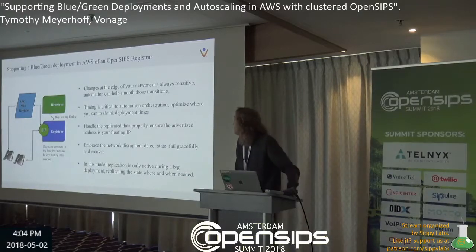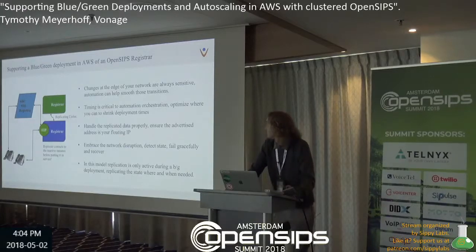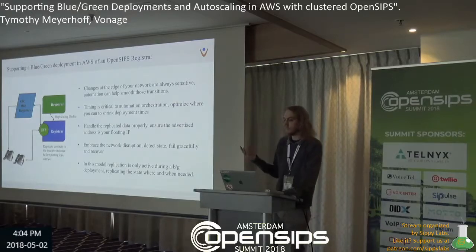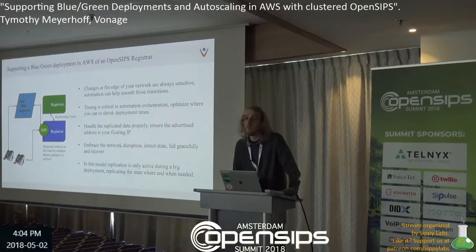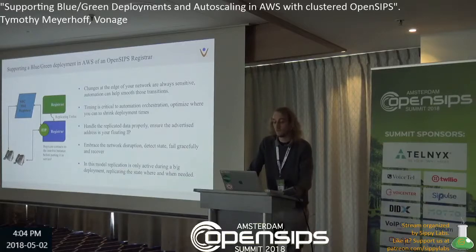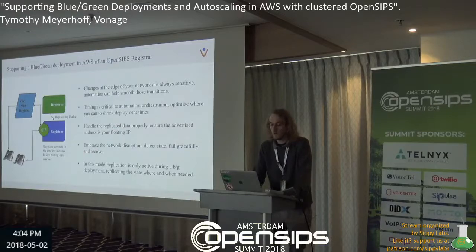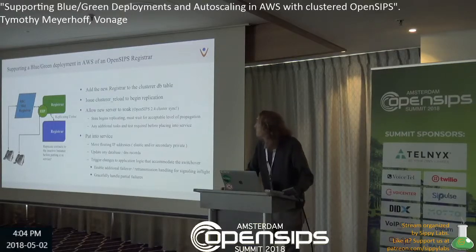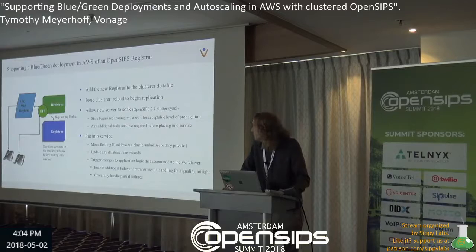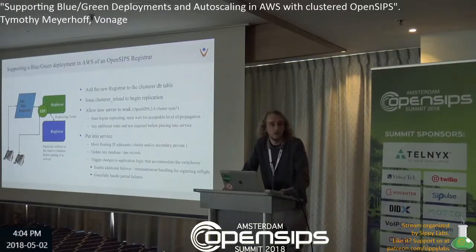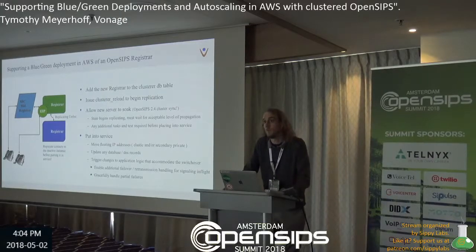In the model I'm proposing here, the clustering is only happening during the blue-green deployment. So I've brought up my new EC2 instance in AWS, and I'm now clustering it to share registration and user location between the two servers. To show you the switchover, we add that new registrar to the cluster DB table and issue a reload, so replication starts up on the servers. We want to let that soak, because in OpenSIPS 2.4 there's a lot of great work to do cluster full sync when this thing comes up.